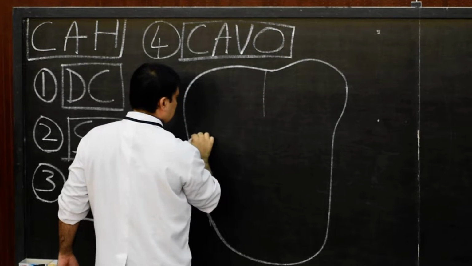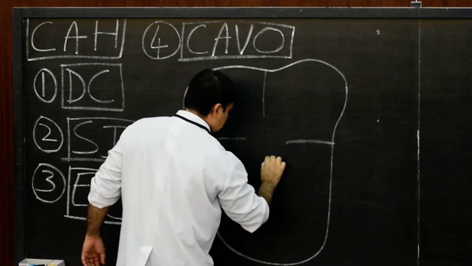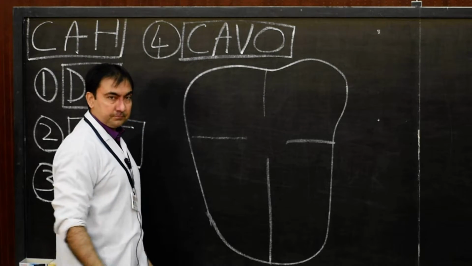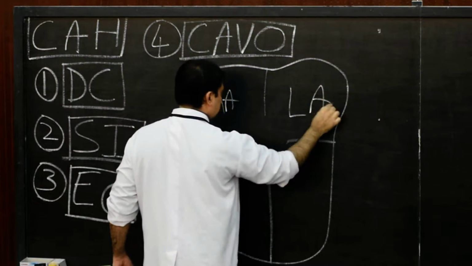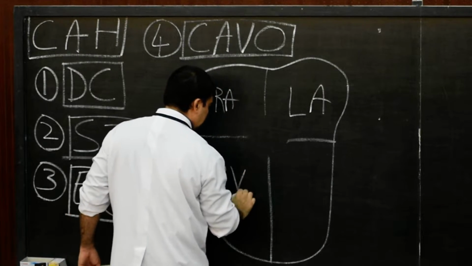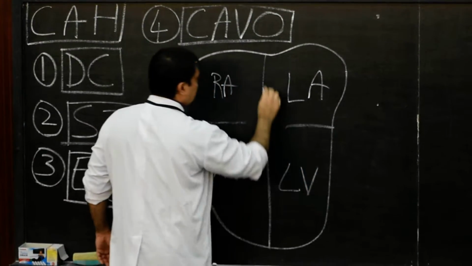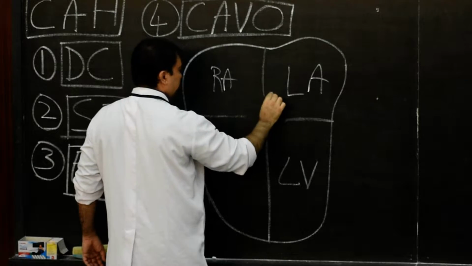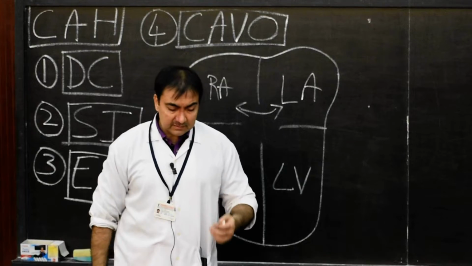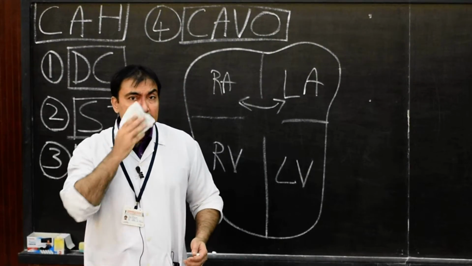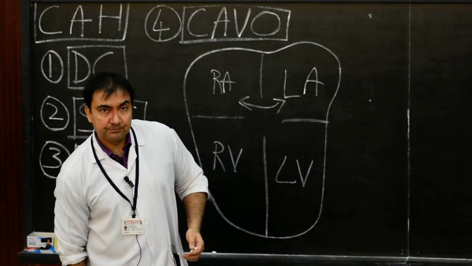If you recollect, these are the subdivisions. So this is the right atrium, this is the left atrium, this is the right ventricle, this is the left ventricle, this is the septum primum. This will be the initial stage of the development of the interatrial septum.